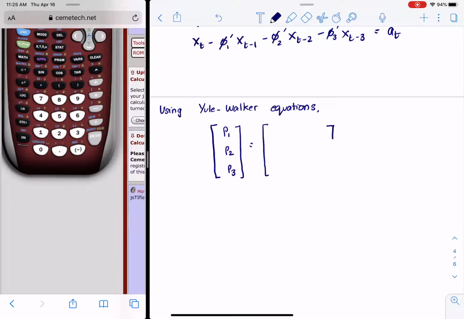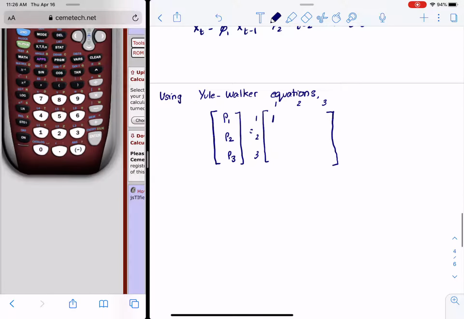And the easier way to form the matrix is if you write it as 1, 2, 3 here, 1, 2, 3 there. 1 minus 1 would be 0, and rho sub 0 is simply 1. 1 minus 2 is negative 1, and autocorrelations are symmetric, so I would simply have rho 1. 1 minus 3 is negative 2, again using symmetric property, we would have rho 2. 2 minus 1 is 1, so we have rho 1. 3 minus 1 is 2, we have rho 2.